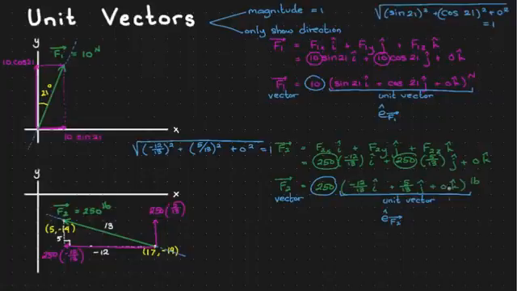The magnitude of the unit vector of f2 is equal to 1. The magnitude of f2 is not equal to 1. Please distinguish those two. The magnitude of the unit vector of f1 is equal to 1. The magnitude of f1 is not equal to 1. So please again distinguish those two concepts.